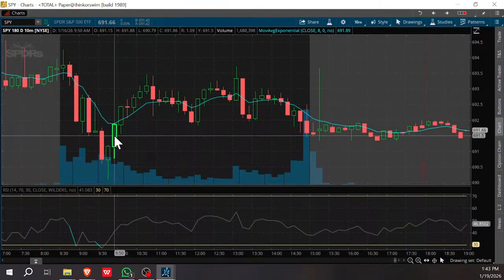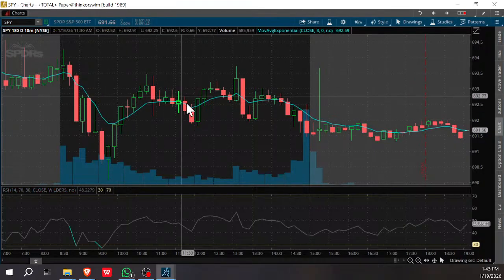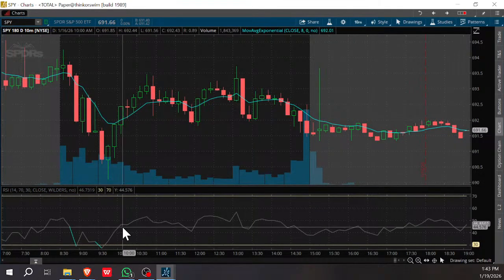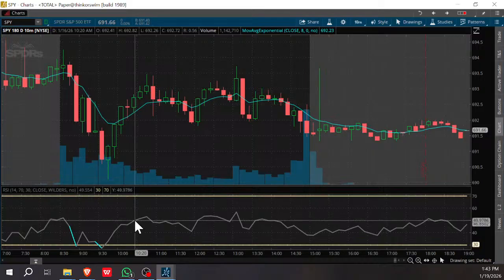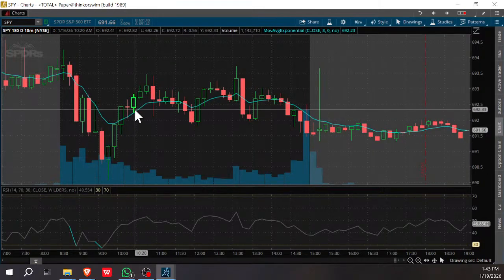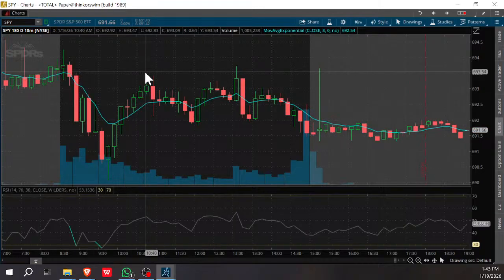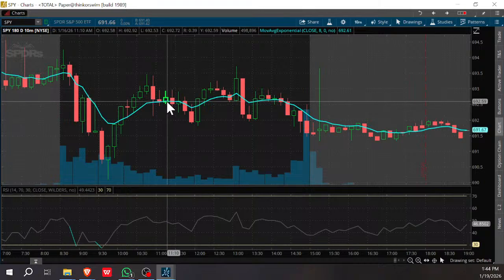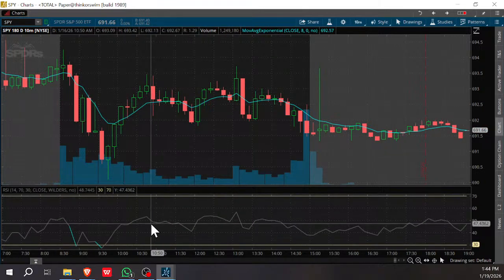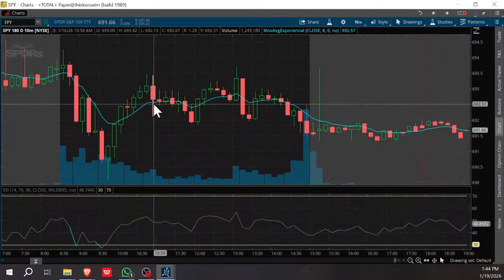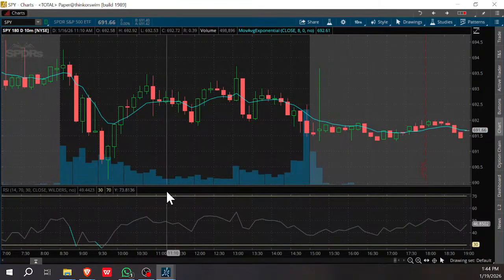Y fíjate, so you put a simple study, and then you can wait for the RSI to break over 50. So you would have bought here on this candle for a confirmation if you want to use the RSI, and then it can go up, and you can sell when the RSI goes under 50, which would have been like on this bar right here. Pero yeah, el RSI helps a lot.